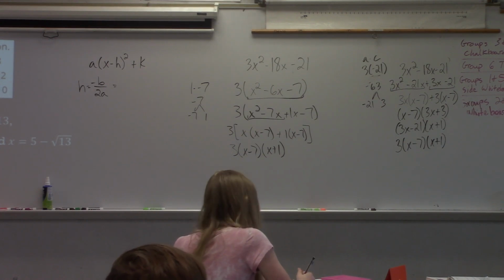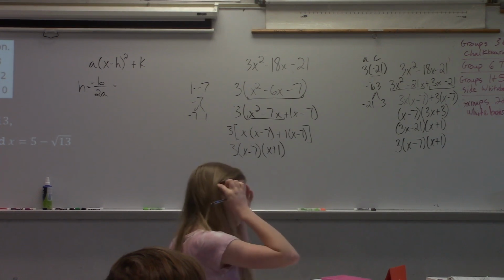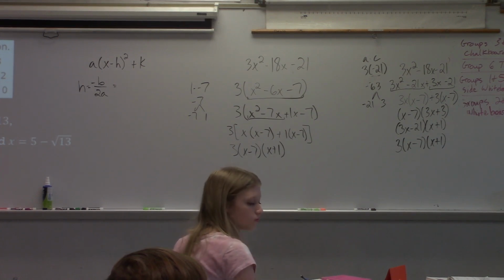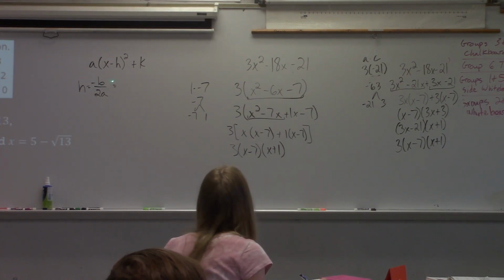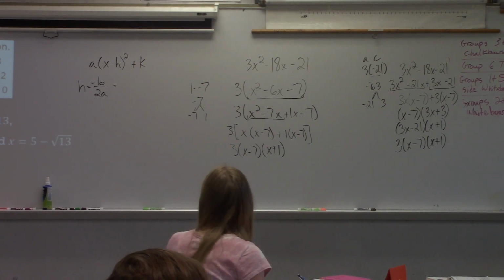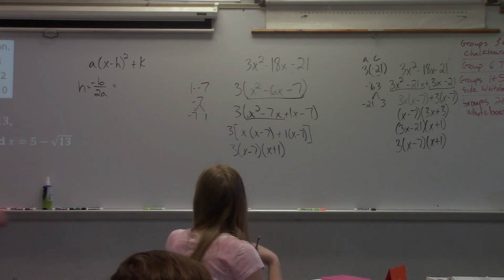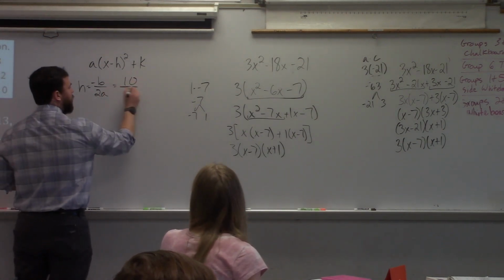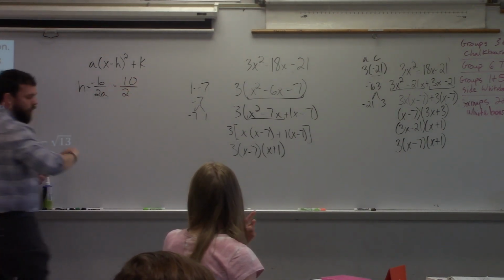I'm only asking what is negative b right now? Why is it just 10? Remember guys, that is literally saying the opposite of b, right? Right now, what is b? Negative 10. The opposite of the negative 10 would be positive 10. You've got to be careful about that, otherwise it will mess you up.